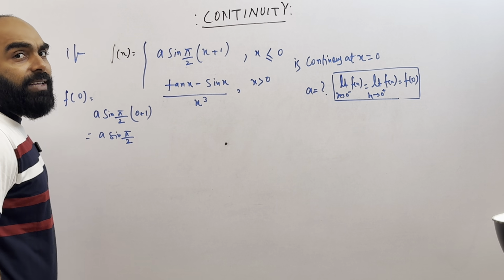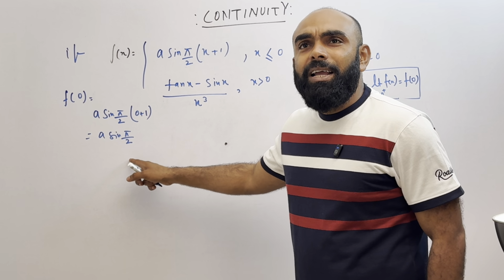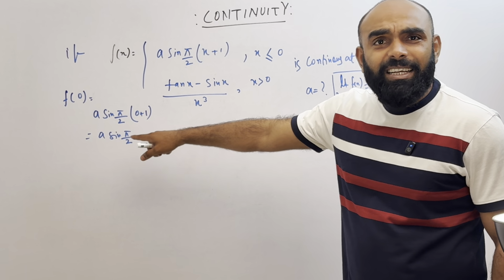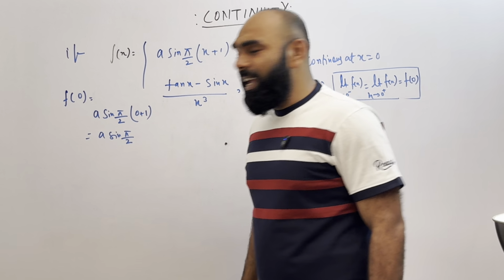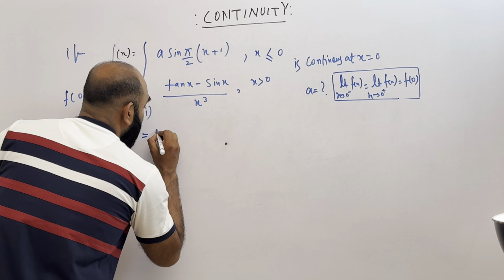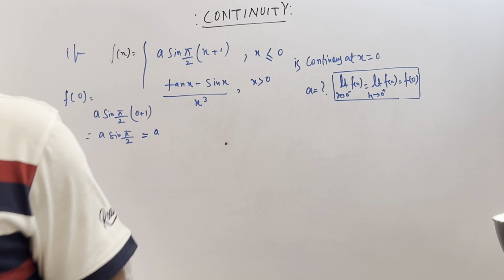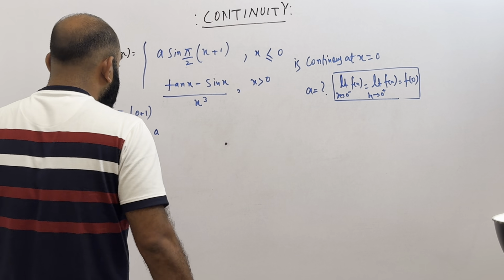Pi by 2 is 90 degrees, because pi is 180 divided by 2. So sine 90 is 1, and 1 into a is a only. Correct, sir.